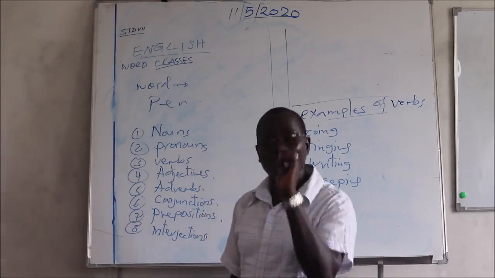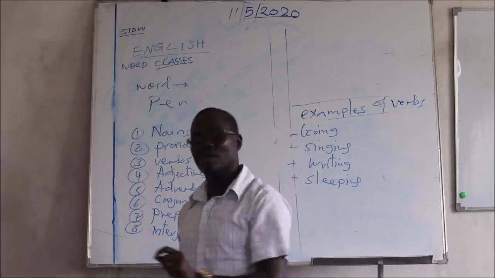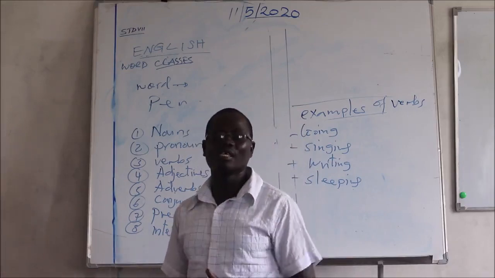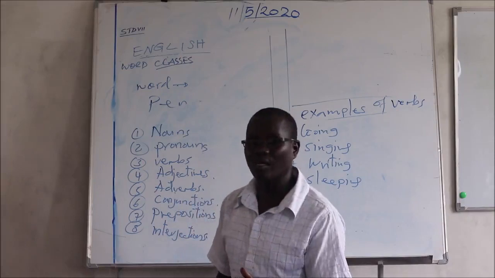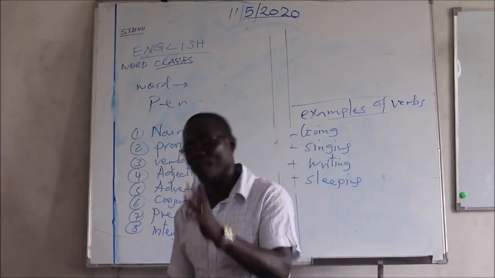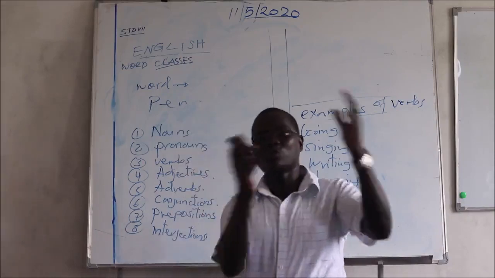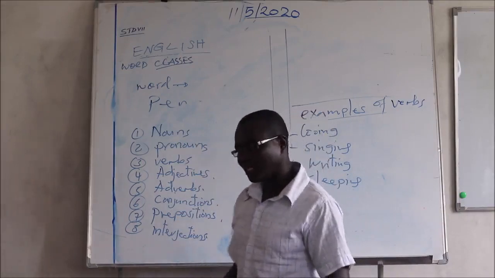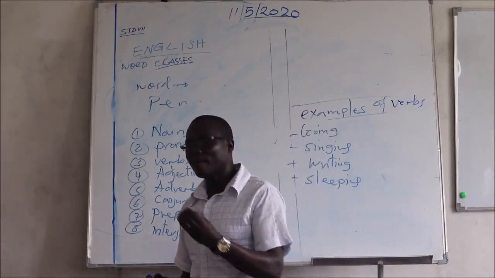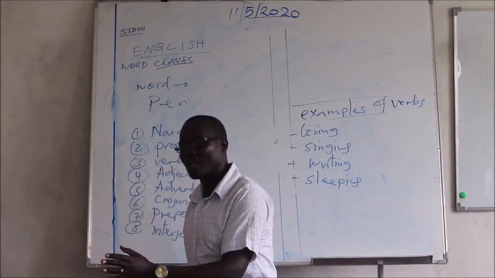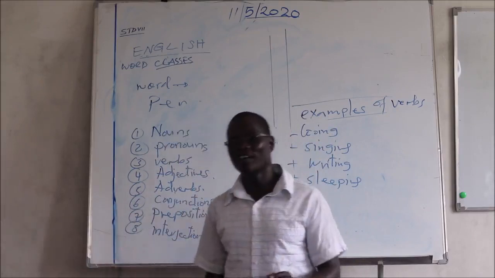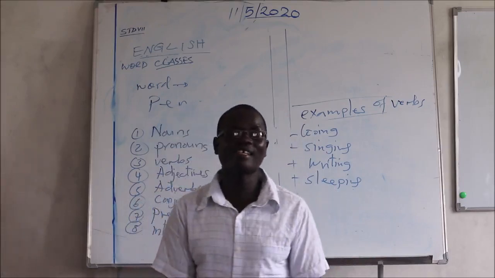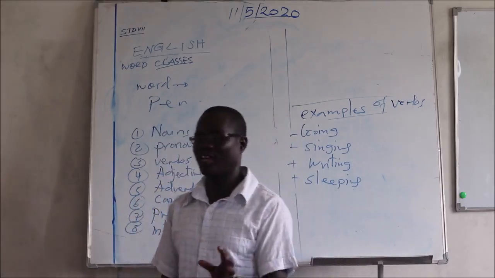An adjective does not only describe a noun, but also a pronoun. Remembering that a pronoun can be used to represent a noun in a sentence. For example, if you say, my father is a polite man, then the word polite describes your father.